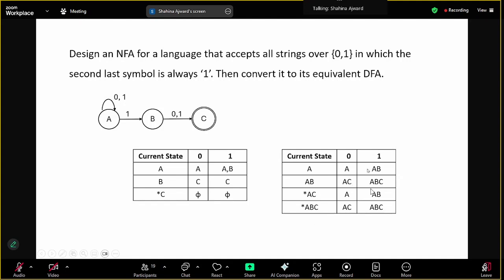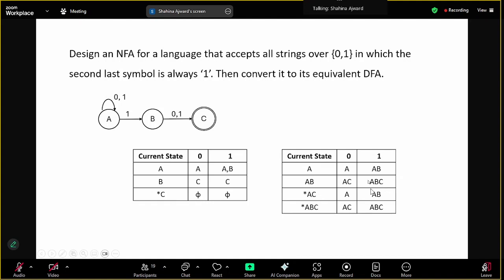If you prefer different symbols, instead of AB we could use another character like C, D, E, or F. It does not have to be AB, but since it's AB, I named it AB. AC and ABC are similar.